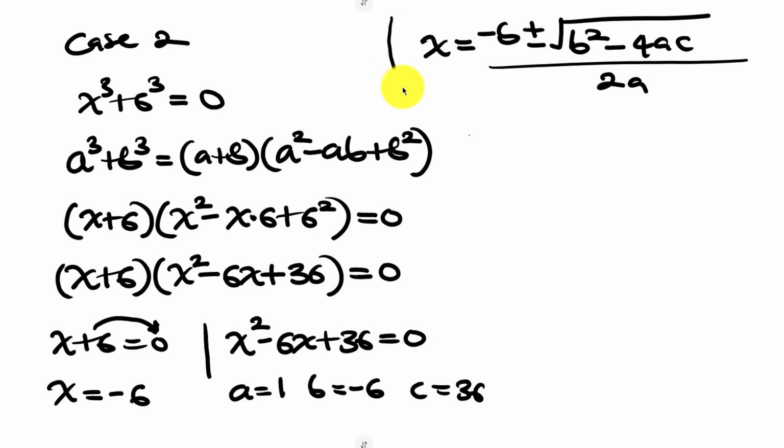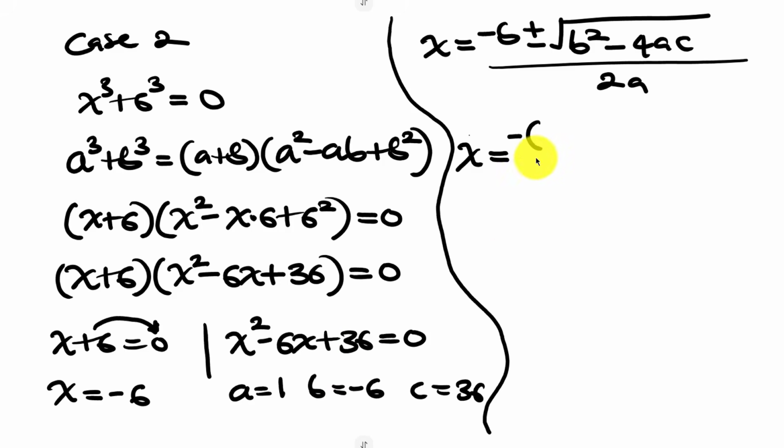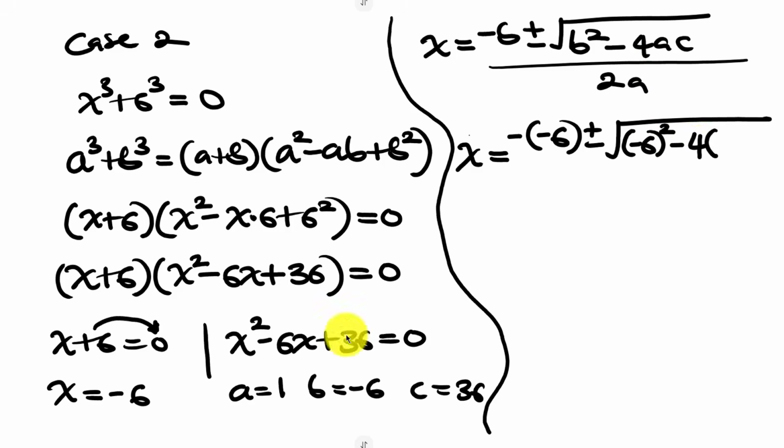So we have x equal to negative b, and b is negative 6. Plus or minus the square root of b squared, b is negative 6, minus 4 times a times c, 4 times a is 1 times c is 36. Very good. All over 2 times a.